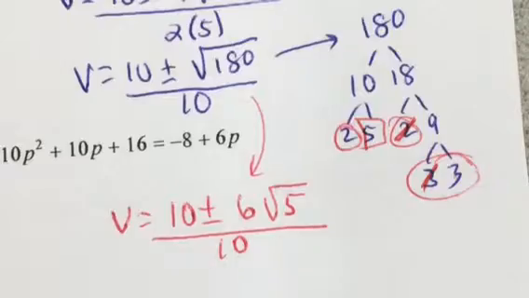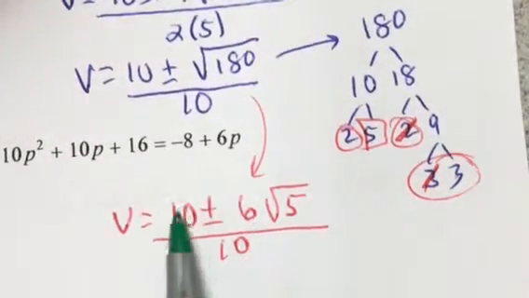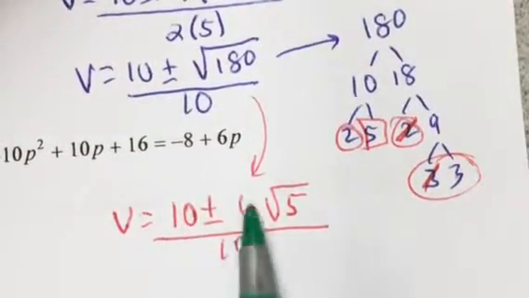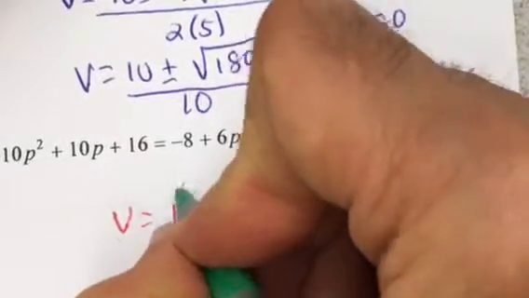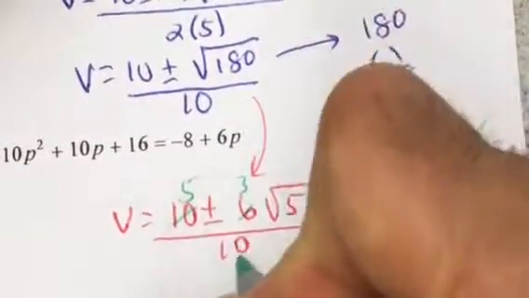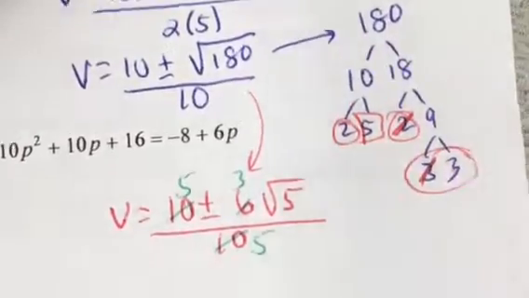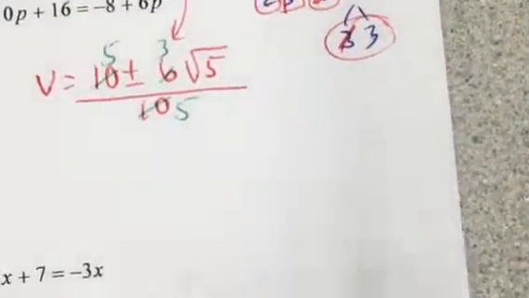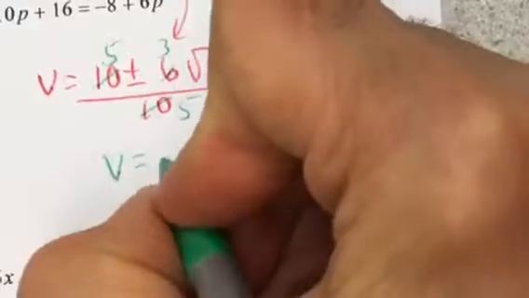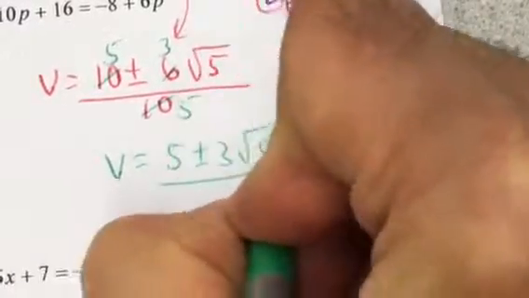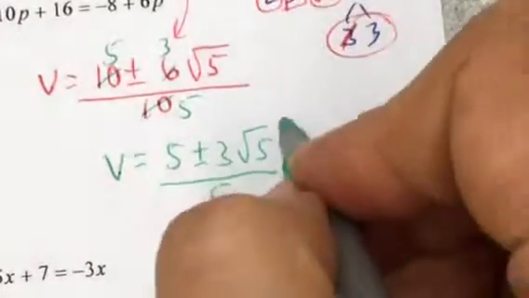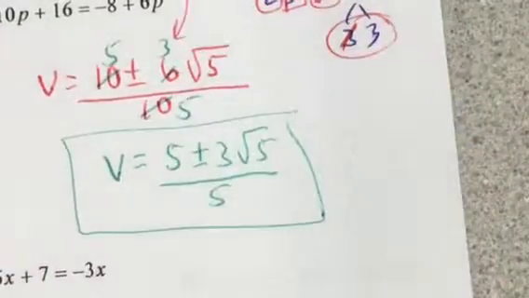It's easier than it looks, because right now, I'm looking for a GCF, greatest common factor of all of these, I can reduce them. 2, 2, and 2. 5, divide by 2, divide by 2. My answer will be V equals 5 plus or minus 3 root 5 over 5. I can stop there. That's it. We're done.